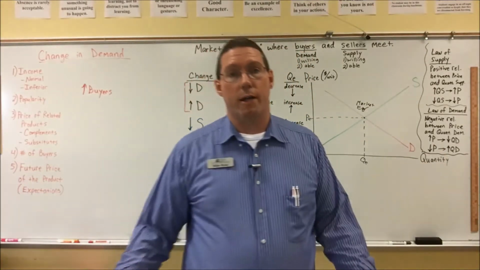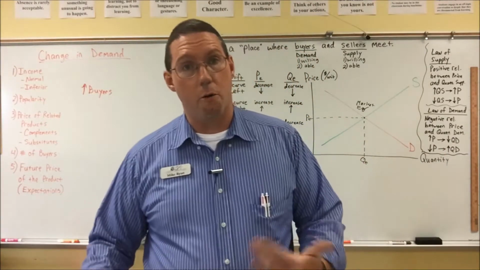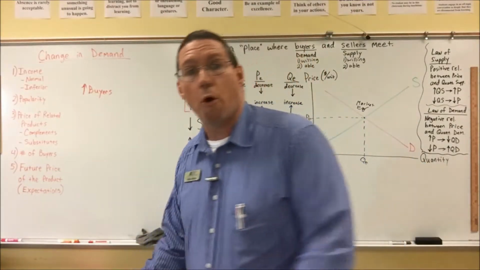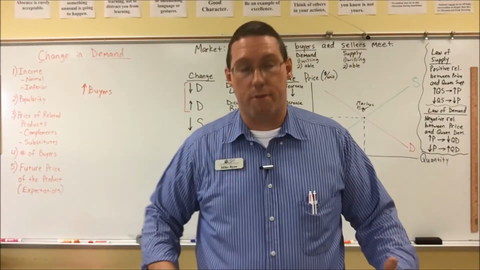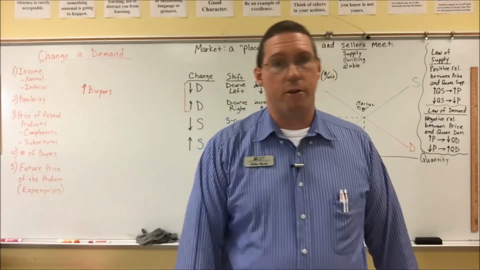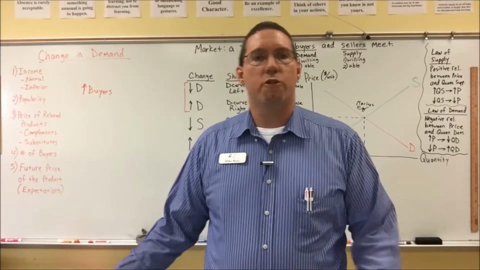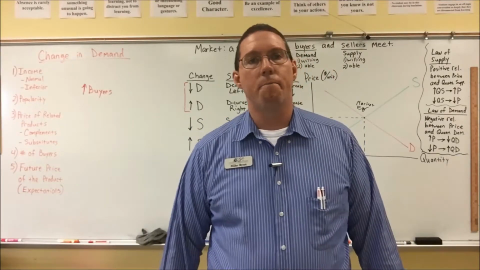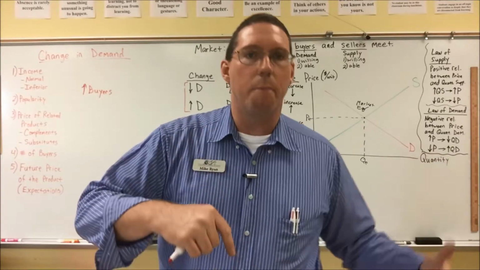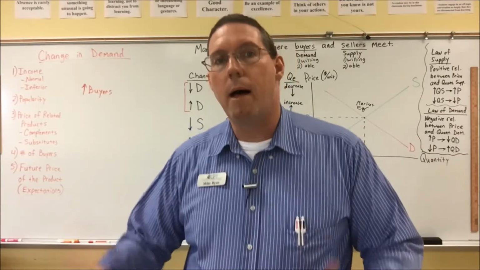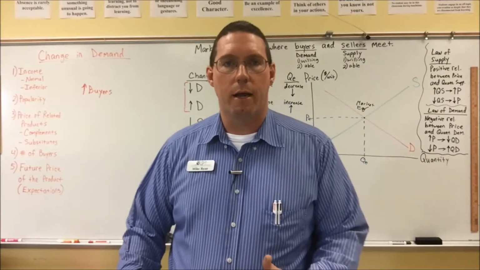So if we have a market in the United States for a particular product, and we then have more people in the United States, so the population is increased for some reason or another, when there's more people in the area, there are more people available to become buyers in our market.